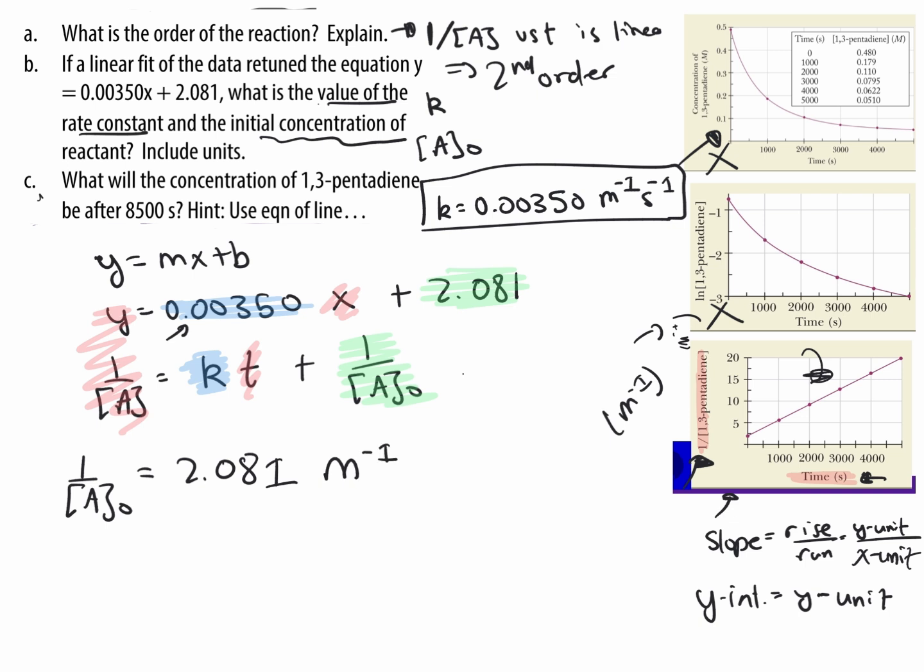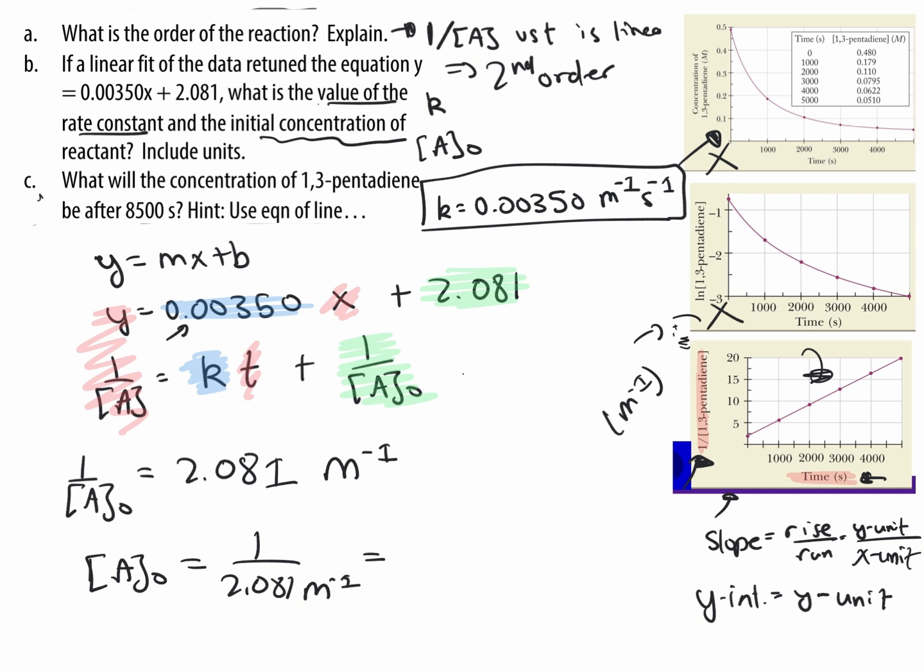Now when I solve, that will give me the proper unit. This is similar to when we had 1 over wavelength, right? The easiest way to deal with this is just to take 1 over both sides, doing that inverse operation. When I do that, I get A naught on the left-hand side, and that's going to be equal to 1 over 2.081 molar to the minus 1.